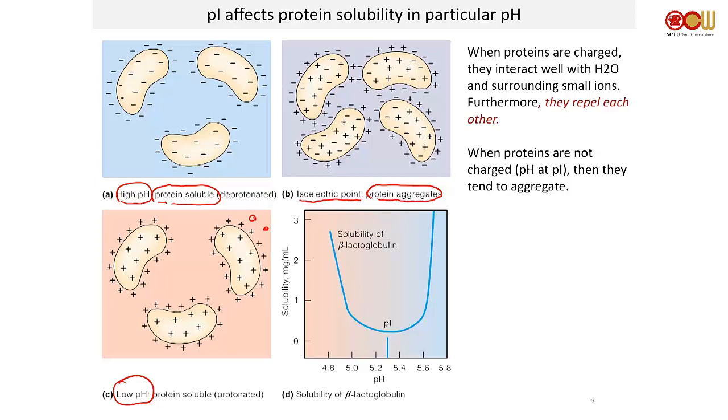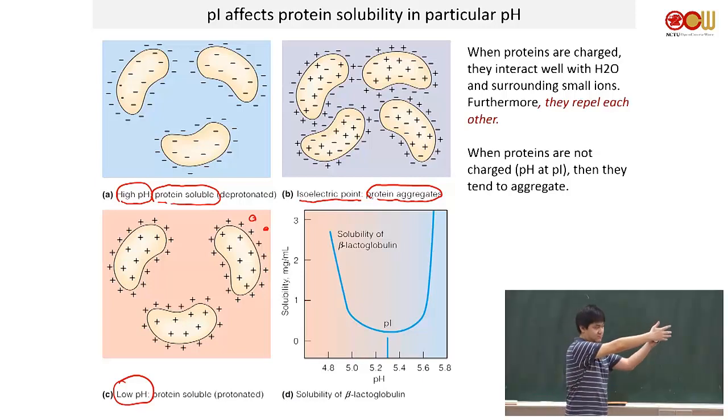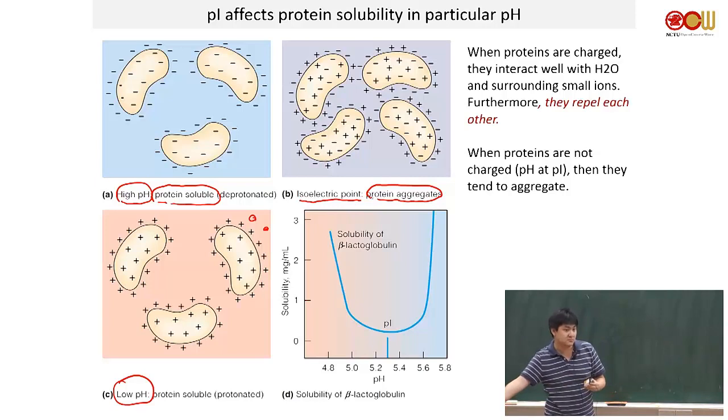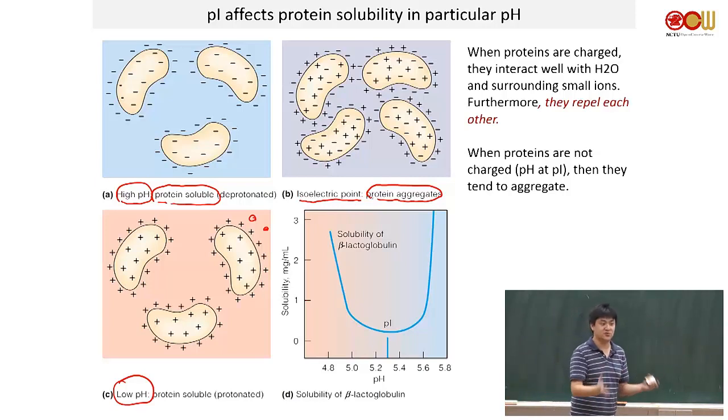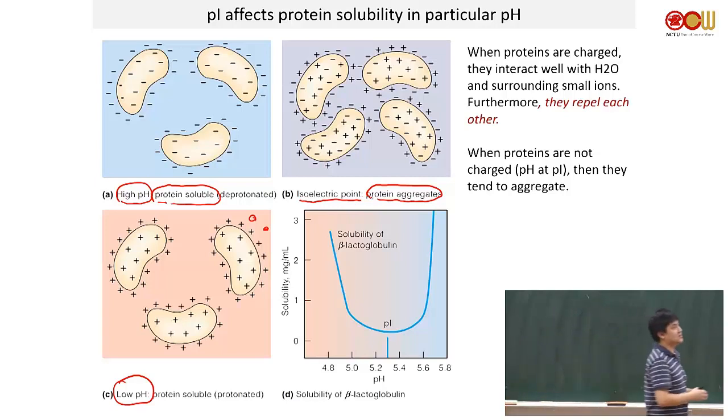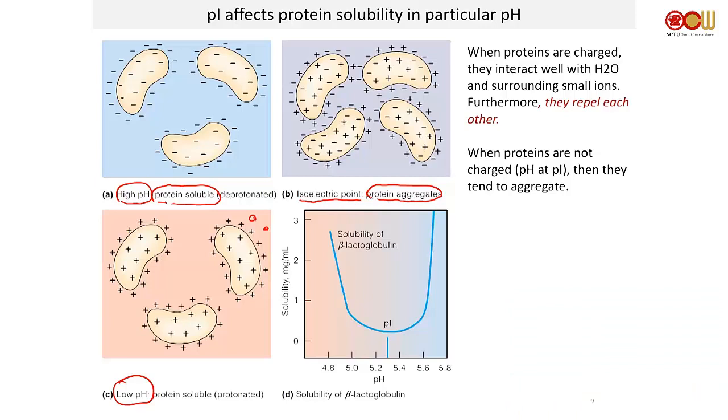So you have a reduced amount of electrostatic interaction between the protein and the medium, because the protein itself is already neutral. As a result, the proteins are going to have other forms of interaction with itself, and they're going to start to get really comfortable with each other, and they're going to precipitate.